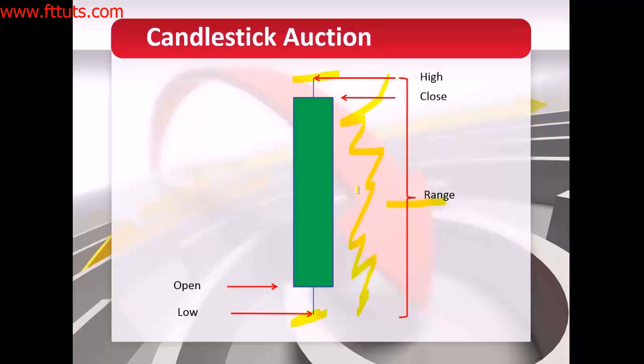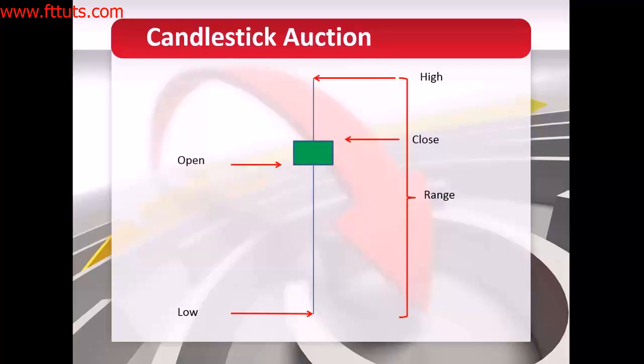Anything else beyond that? Not really. There isn't a whole lot more that the candle could tell us about the auction. Well, what if the shape was different? If we look at a candlestick that looks like this, does this tell us any more information about the auction?